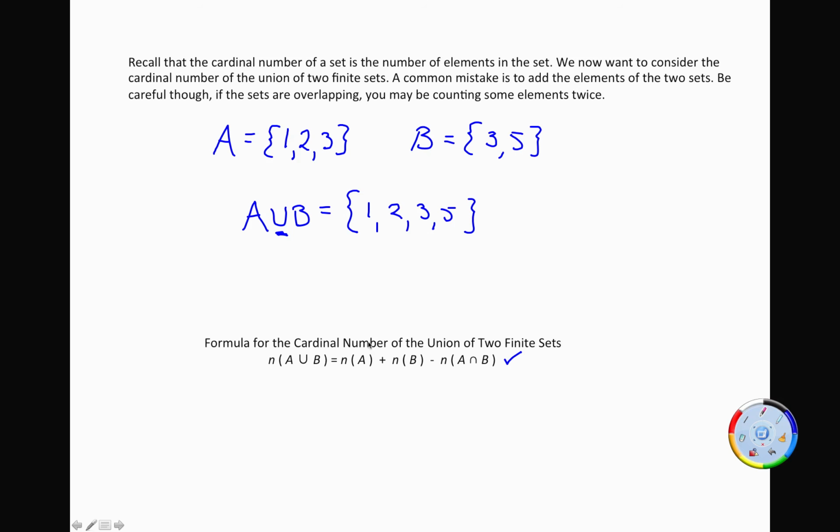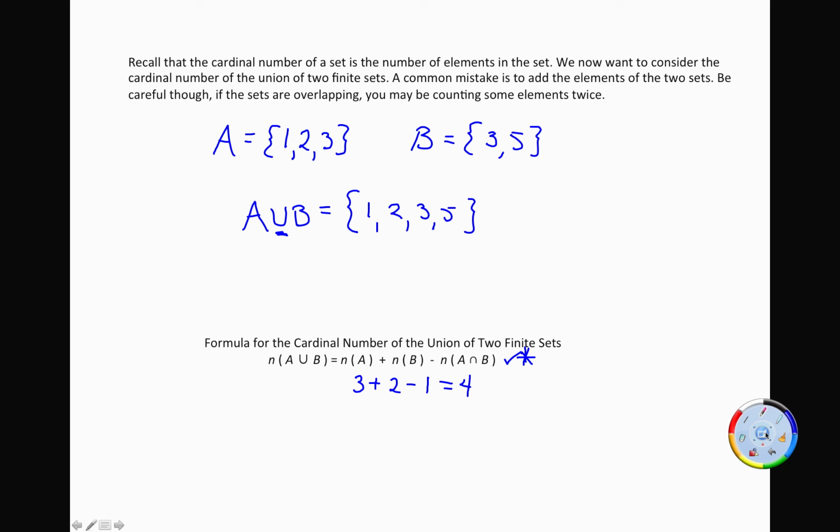It's the number of elements in set A, which in our case above is 3, plus the number of elements in set B, and then minus the number of elements in their intersection, the number of elements that are in A and also in B. So there's one element that's in A and B, so I need to subtract that one element. So 3 plus 2 is 5, minus 1 is 4, which is what we knew it to be. So I want to remember this formula right here, not only for this section, but we're going to refer back to this in the future also.